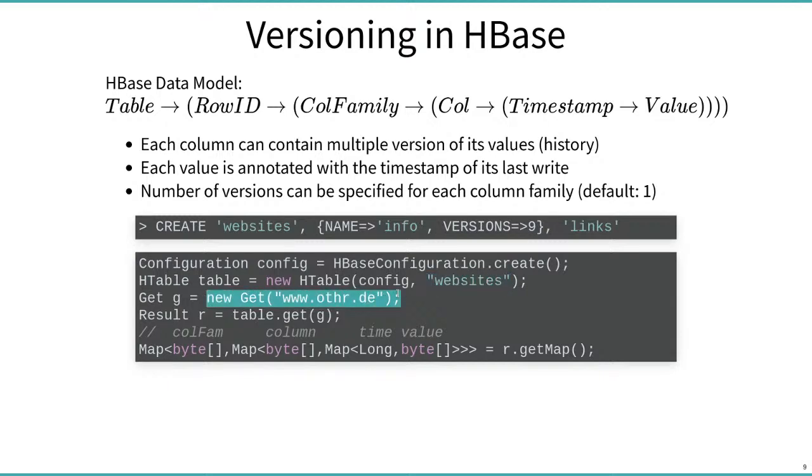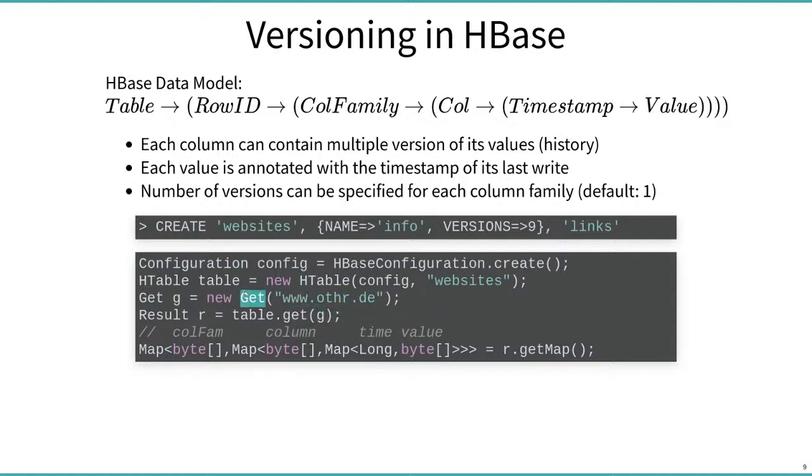A Get object is there to get a specific row. You could now say, okay, why is Get a class? You could say table.get and then this value here as a parameter, like in Redis.